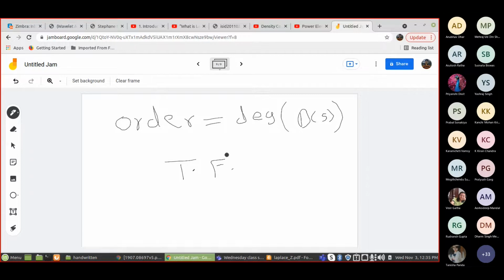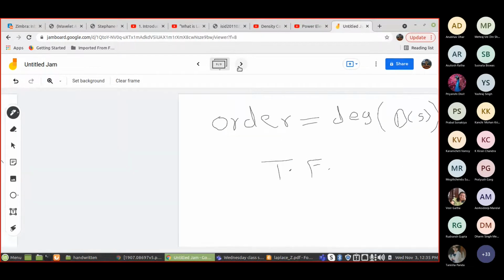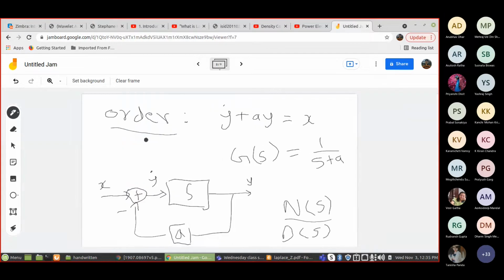In the differential equation representation, it is the highest degree of your differential equation. So in the physical sense, these are the minimum number of variables which are required to describe or model your system.